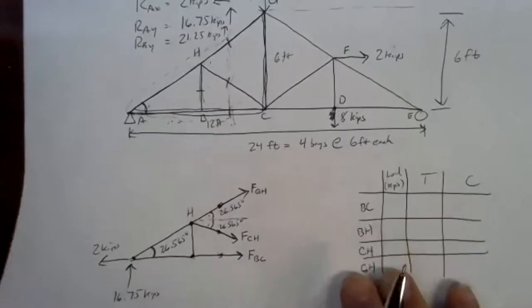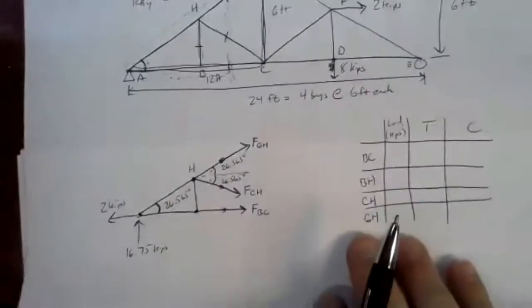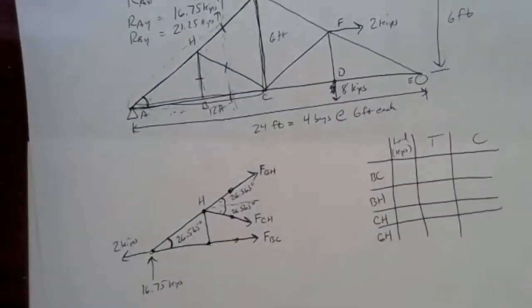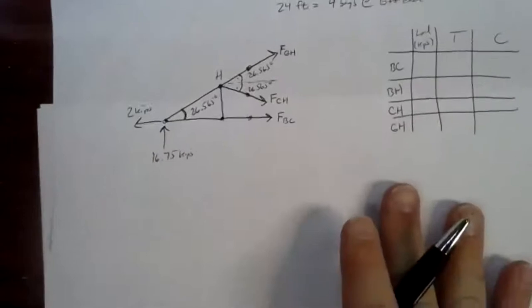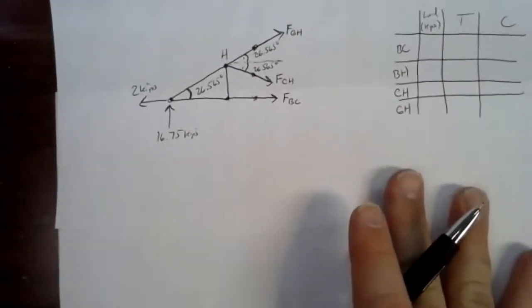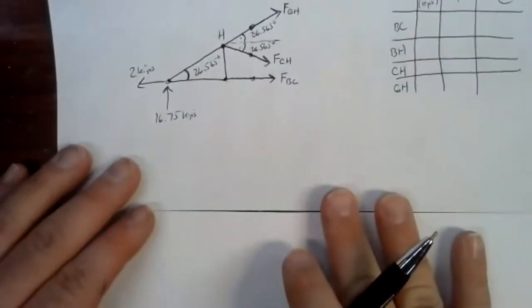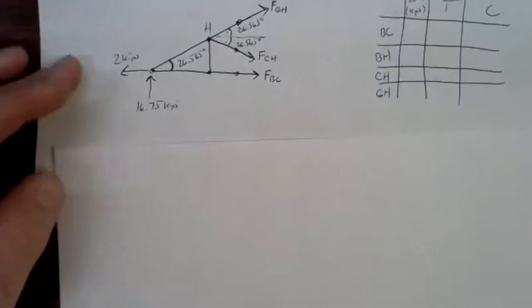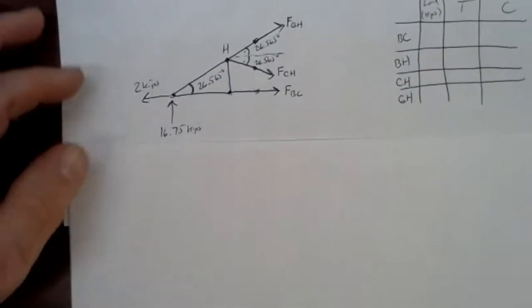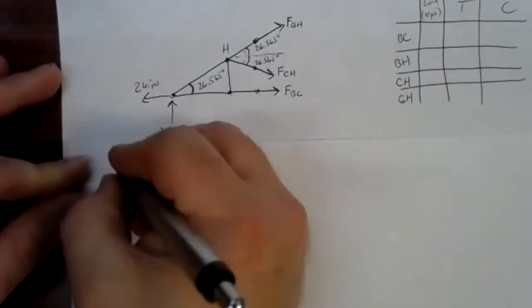All right, so let's scroll up a bit here and come up with our equations. Let's try and get that situated so we can see it. So let's do our sum of forces in the x direction.